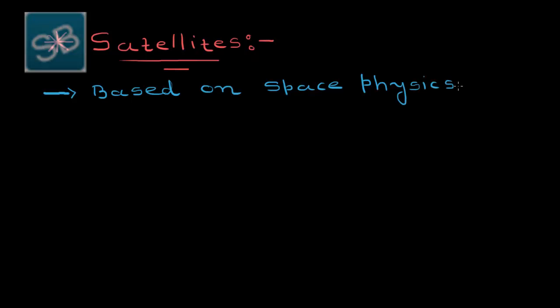Let's start the new article that is related to satellite, and this particular article is based on the space physics, and to define these satellites, then it is very easy.